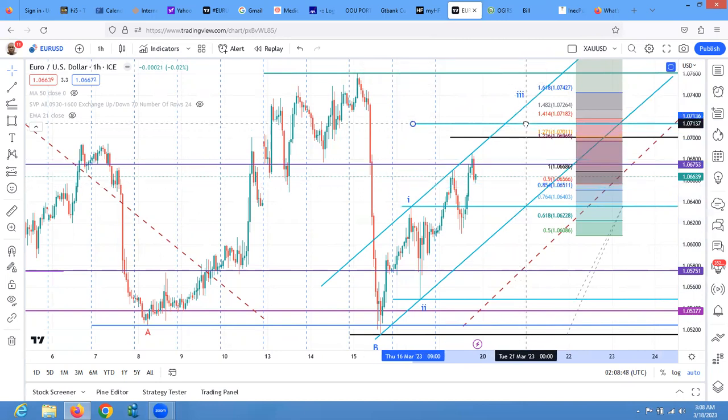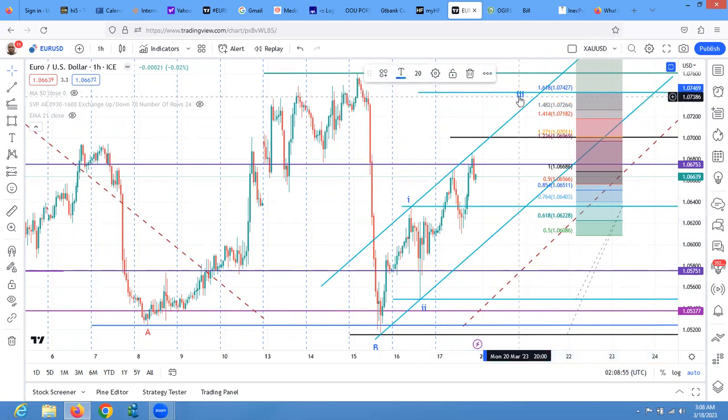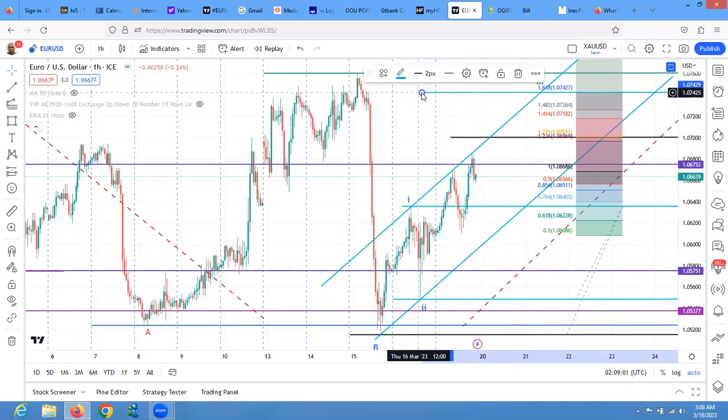Price will not stop until it gets to this level. Of course, it could break that level. But once it breaks that level, it makes it a wave 3. If price should get to that level, it already makes it a wave 3 for me.